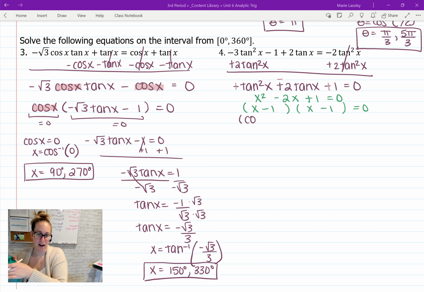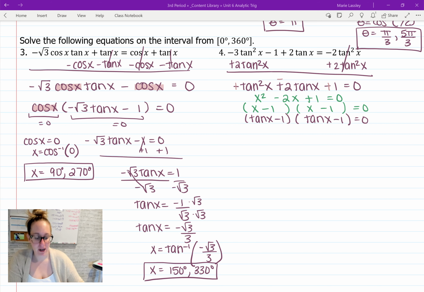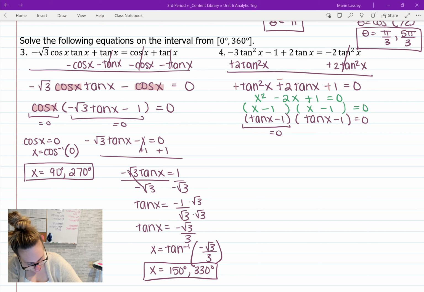Now the writing will catch up. Okay, so now we're going to take each one of our parentheses and set it equal to 0, and we're going to solve for x. So tangent x minus 1 equals 0, tangent x minus 1 equals 0.